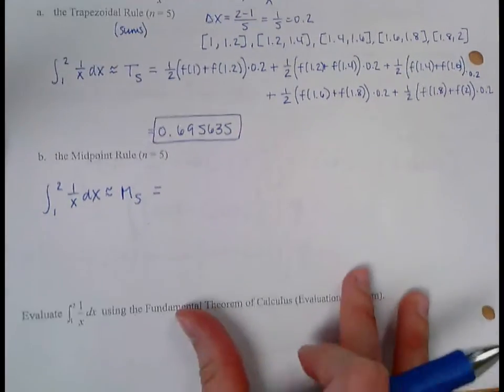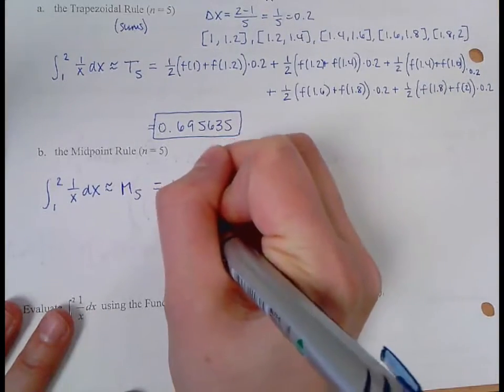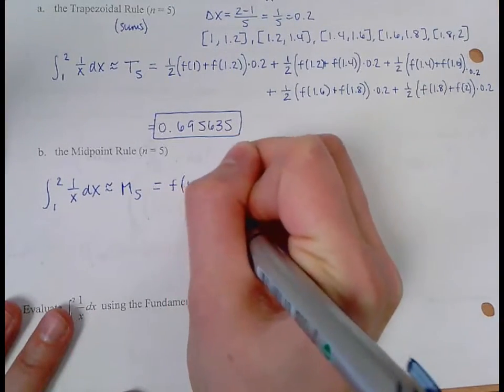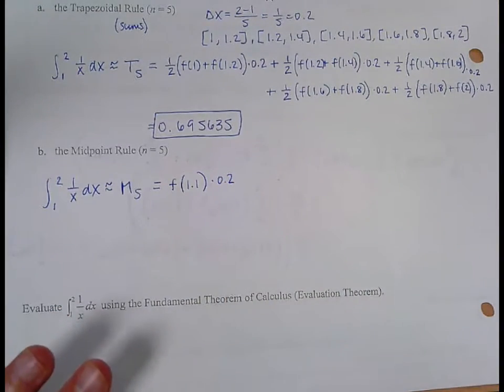Okay, so the first rectangle for the first interval would be f of your midpoint, 1.1, times your delta x, 0.2. So I'm writing all of these out longhand as well.